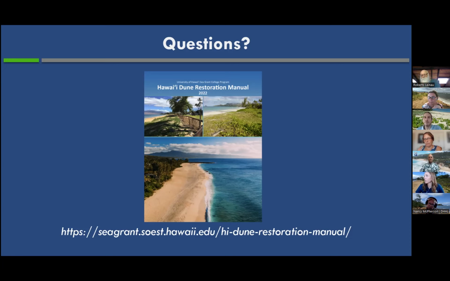We had a proposal last year to do a stream mouth management guidance document, and unfortunately it didn't get funded, but it is something that we're looking at. In some cases, if there's a flooding risk, maybe you do want to open that up at a certain threshold, but also recognizing the important ecosystem functions that those sand berms serve. They provide habitat for fish, and they're the nexus between the estuary and the ocean. So really good point. Thanks.